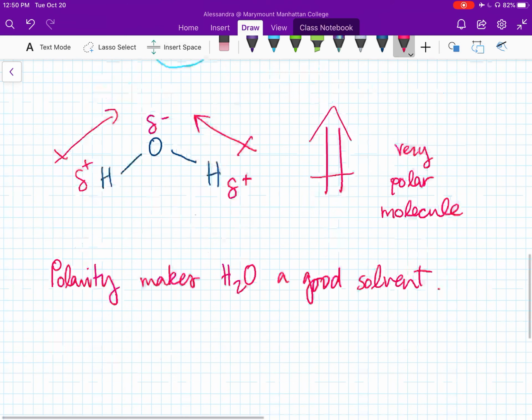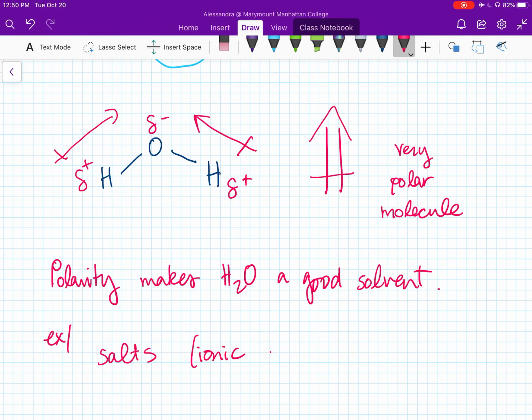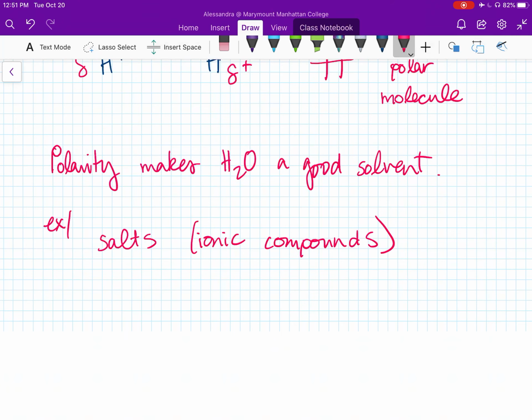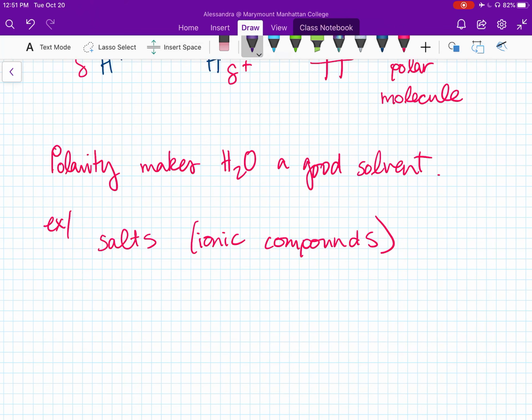Salts are ionic compounds. That means that they contain cations and anions, and cations and anions have charges on them, positive and negative charges. So let's just take the classic iconic salt, sodium chloride, or table salt. If we take table salt, which is a solid, and put it in water, I'm going to put water over the arrow. A lot of times you'll see the solvent over the arrow.